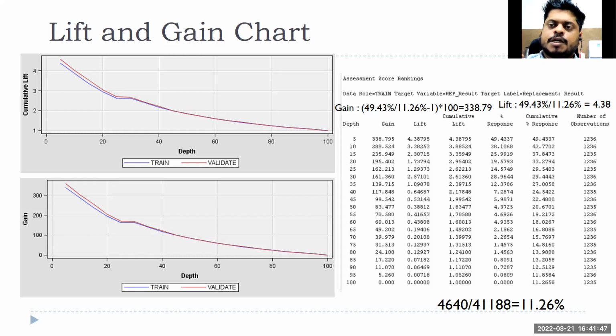So how much money will I spend? 10,000 multiplied by 25 rupees, 2.5 lakhs I'll spend. And with that 2.5 lakhs, I'll still be able to open those 5,000 or 7,000 accounts. Rather than spending 12.5 lakhs, I'm only spending 2.5 lakhs, right?